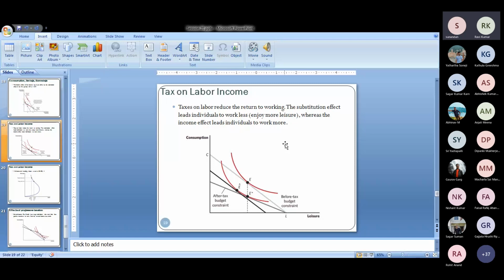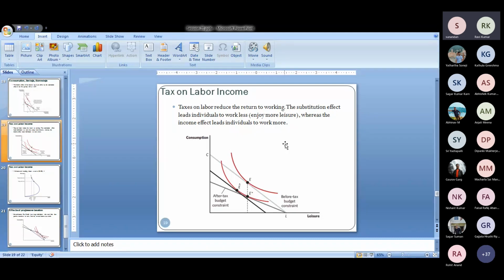Now look into the graphs. Income is being taxed. So the more I work, so the movement from L to the origin, there will be a movement of this budget curve or budget line. Because the amount of leisure L tells me that I just do not do anything. I just sit in my couch throughout the day.